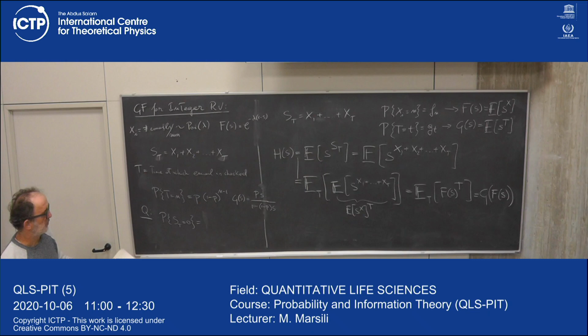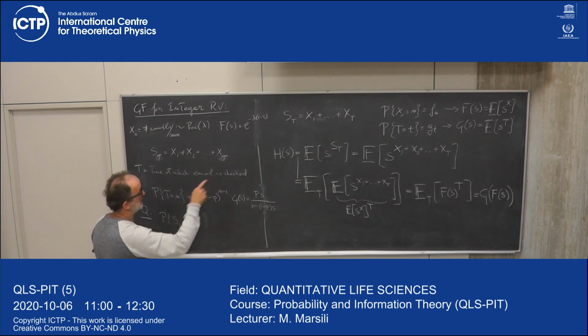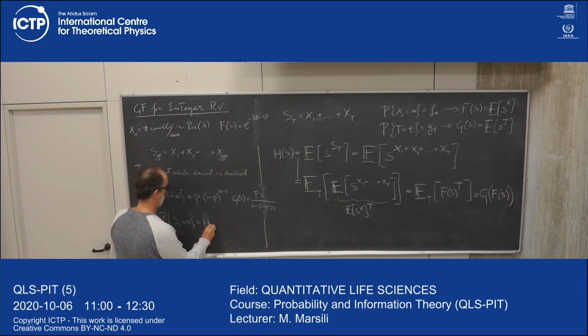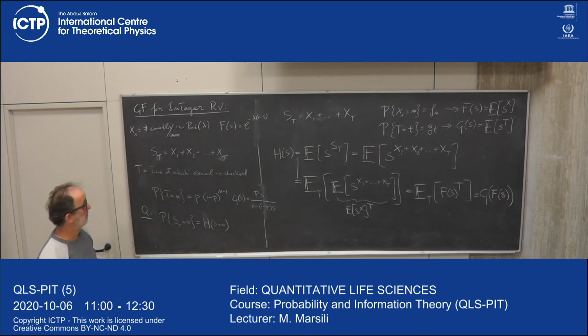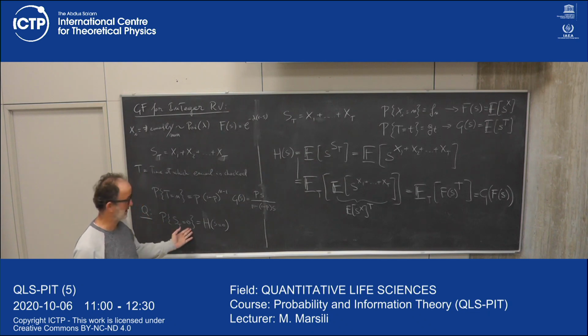So then if you apply that to this, you find that the answer to this question is the generating function of the sum computed in s equal to 0. Why? Well, because when you compute a generating function in s equal to 0, only the term with n equal to 0 remains, which is just the probability that the random variable is equal to 0.